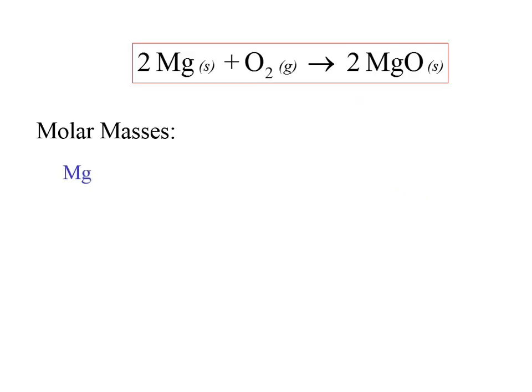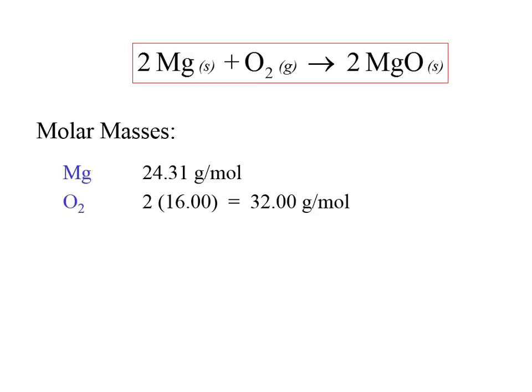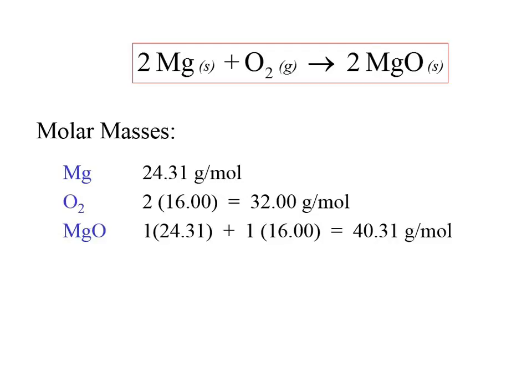So I'm going to go ahead and, do you guys already have these? I'm going to knock out the molar mass of everything. Molar mass of magnesium from the periodic table, 24.31. The molar mass of molecular O2, we have to take 2 times the decimal number of 16. So that's 32.00 grams per mole.